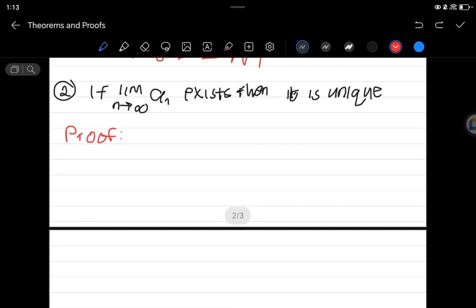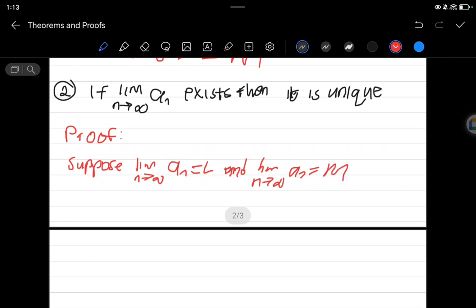I'm going to suppose that it is equal to two different values: the limit as n approaches infinity of a of n is equal to L, and the limit as n approaches infinity of the same sequence is equal to M.